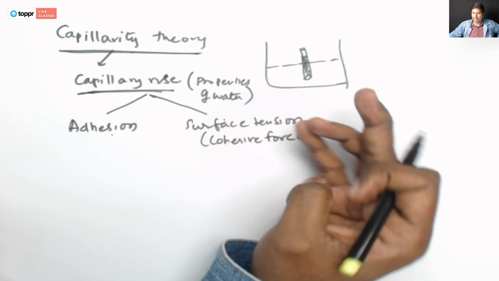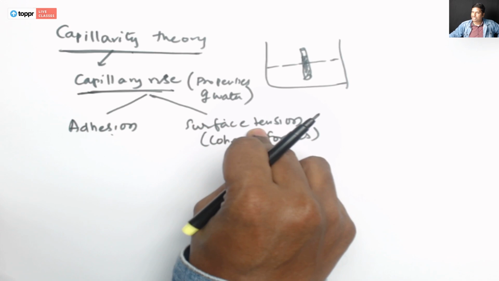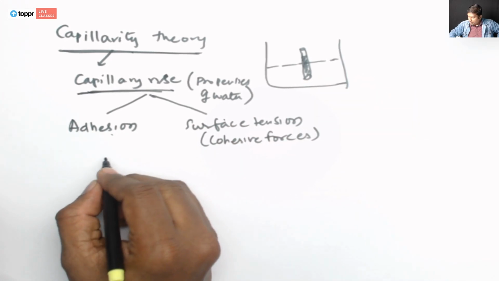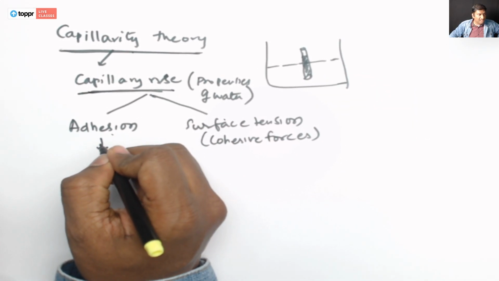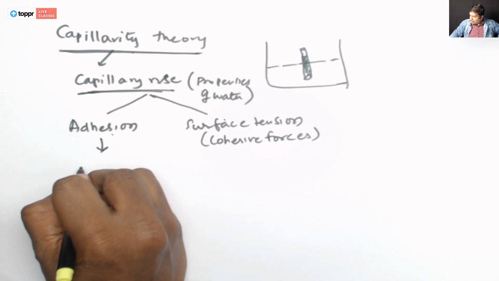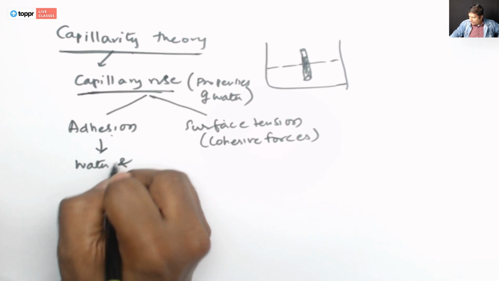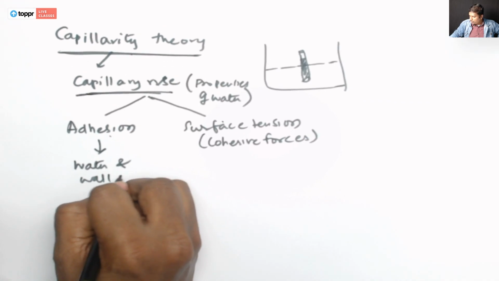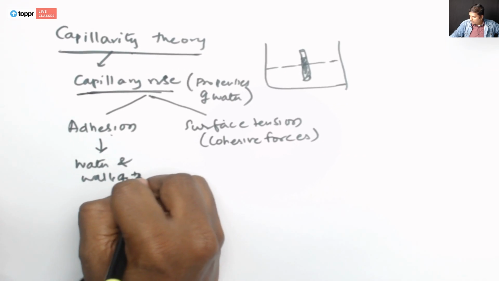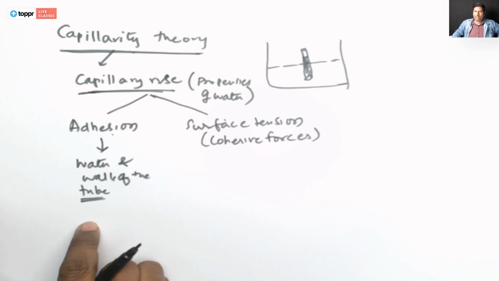Both are correct. Surface tension is because of the cohesive forces, so you can say adhesion and cohesion as well. Now adhesion is basically the interaction between water and the walls of the tube.